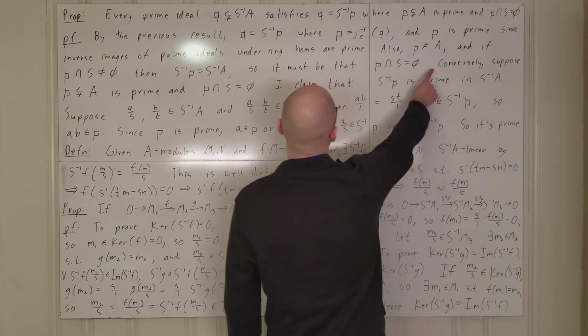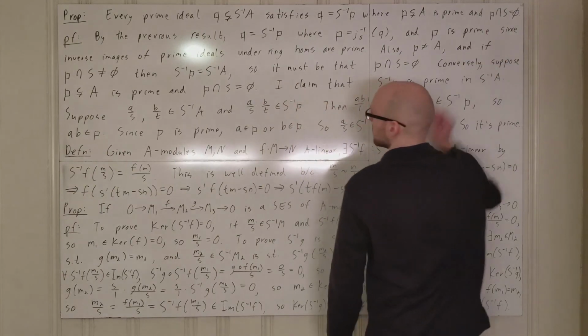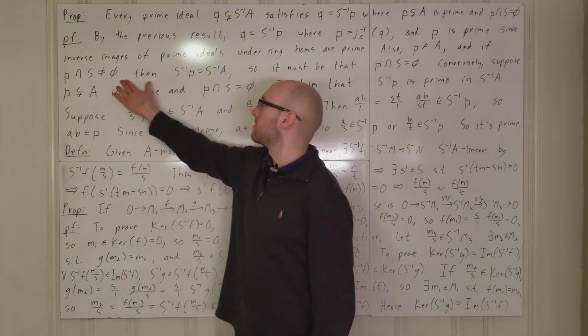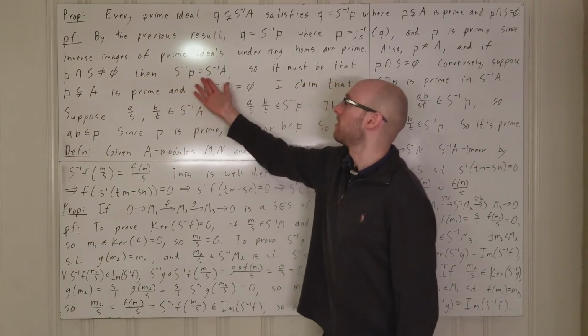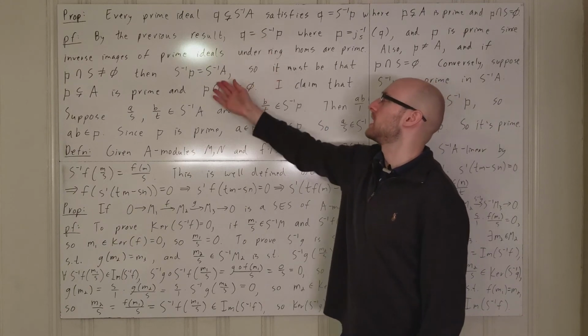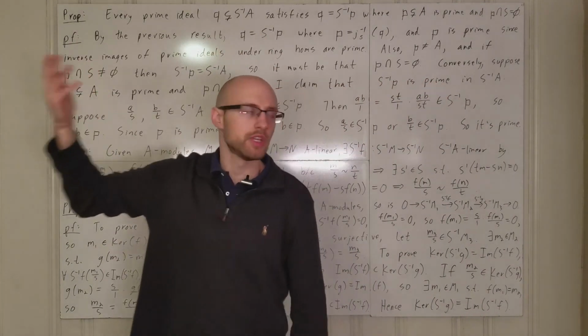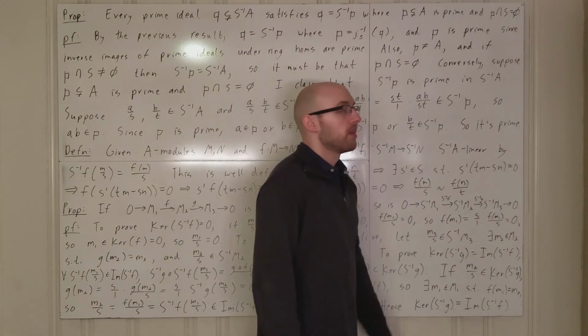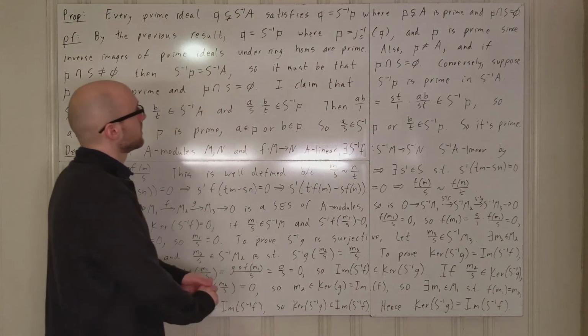So we know it's prime, we know it's proper, we need to prove this thing. So again, like I said, if this is not empty, then S inverse P is all of S inverse A. And that again says that Q is S inverse A, which is a contradiction, and so therefore it must be the case that this intersection is empty. Okay, so that's one thing that we had to prove.